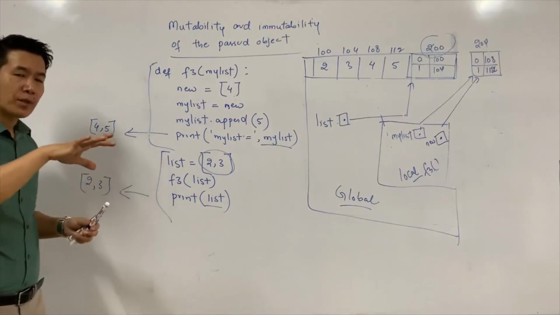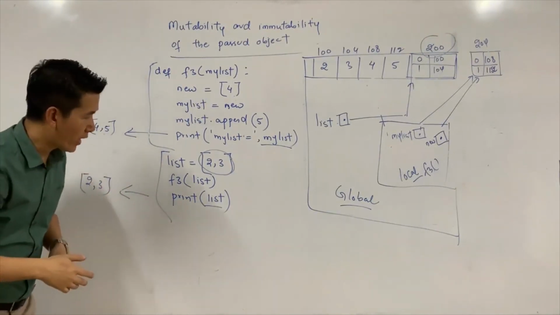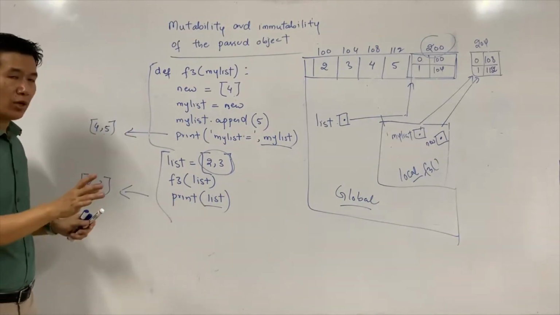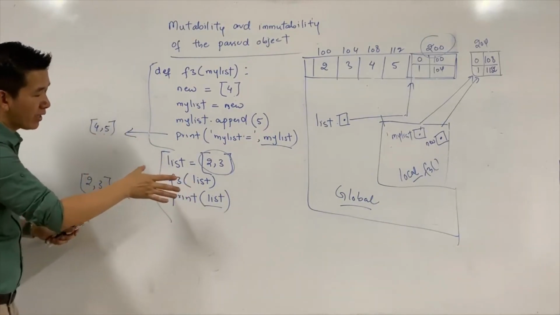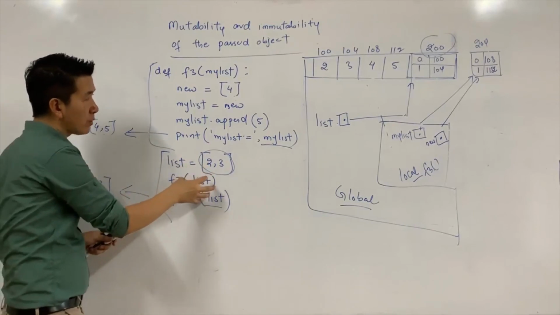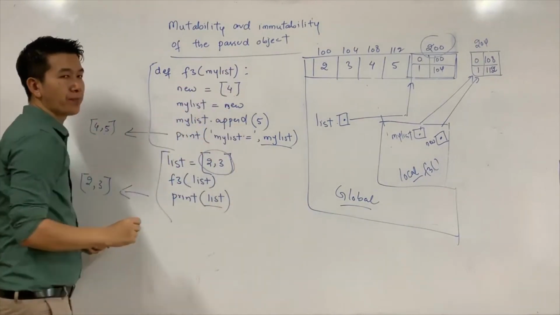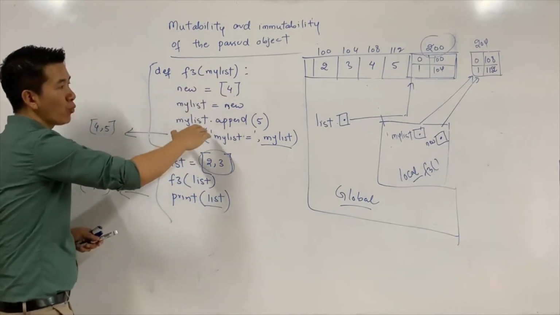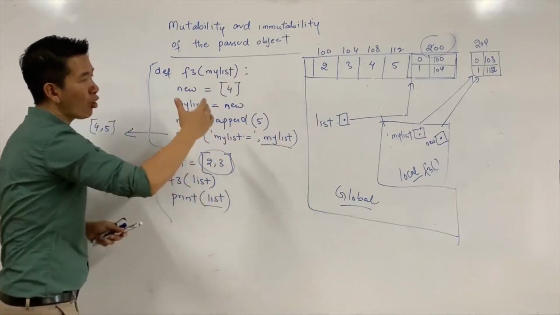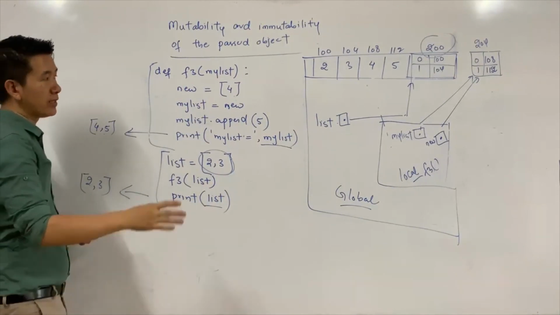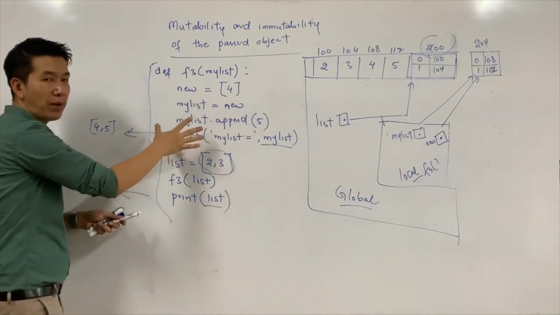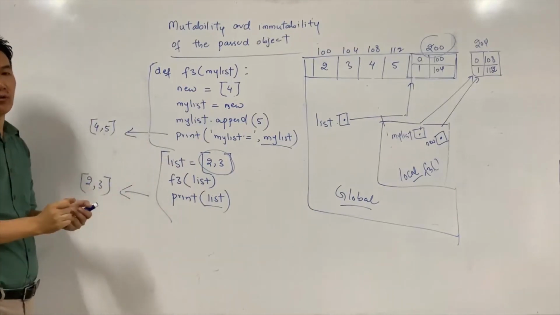So in the program number 3, what you should know is when you send a mutable type, okay, I'll go slow. When we send a mutable type to a function call, if that mutable parameter is assigned with a new name or a new value, then any changes that you make will not be reflected back to the original values.